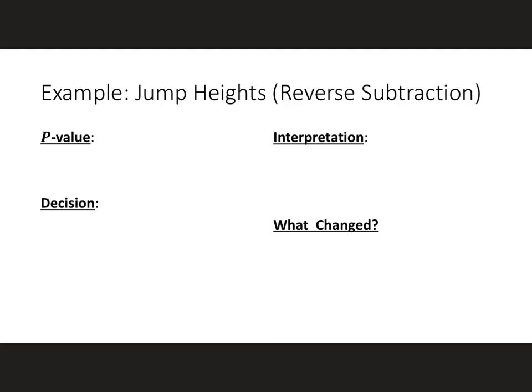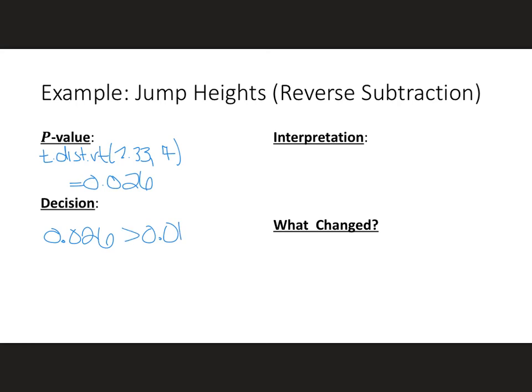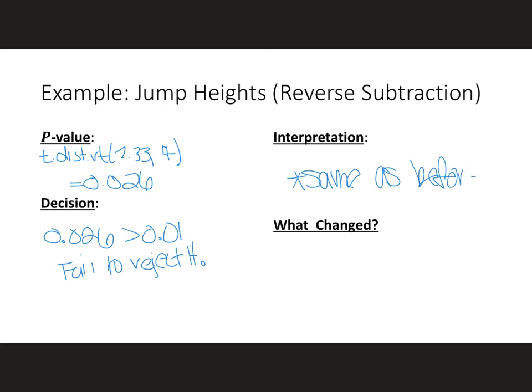Our p-value here, because it's a right-tailed test, you'll do t dot dist dot rt, 2.337, and this is going to give us 0.026. Compare your p-value to alpha. So 0.026 is greater than 0.01. Fail to reject the null hypothesis. Our interpretation is going to be the same as before. So what changed here?